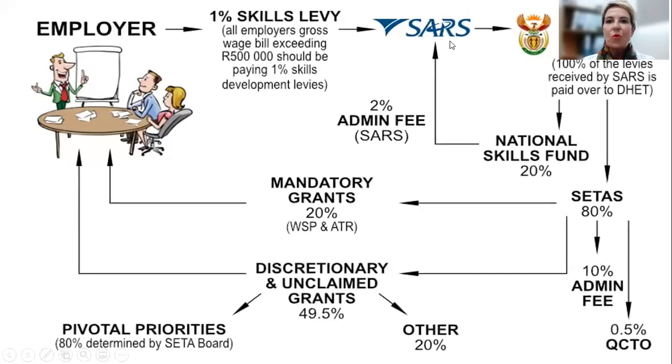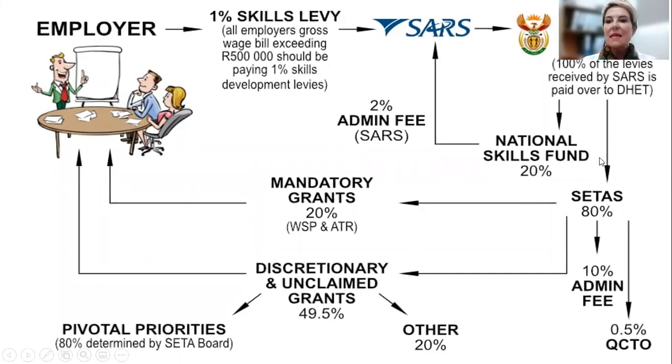Of course, SARS gets their 2% handling fee. So there's always something that they make out of this. That leaves us with 80% of funding that we can access as a business for our learning and development.